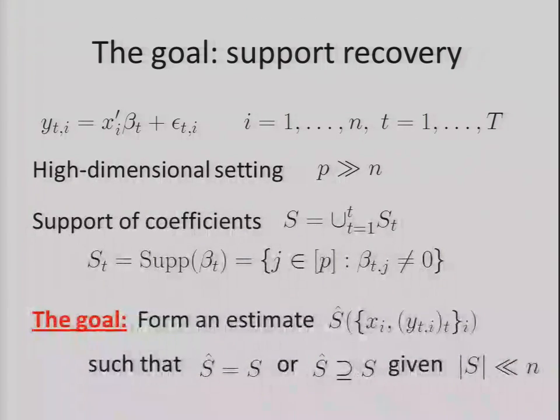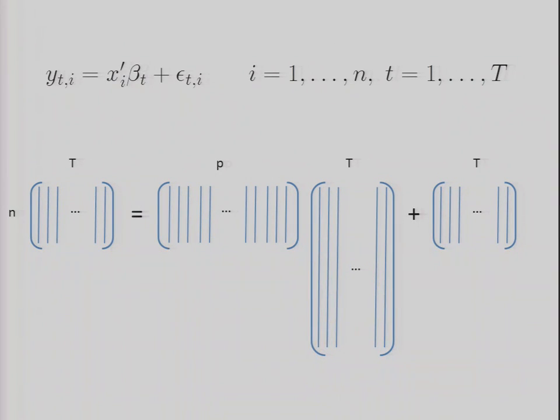Okay, but in this particular talk, I'm going to focus on exact recovery of relevant variables in this multitask linear regression model. Okay? And so what are we doing pictorially? We have a matrix of regression predictors. And so this is an n by p matrix.